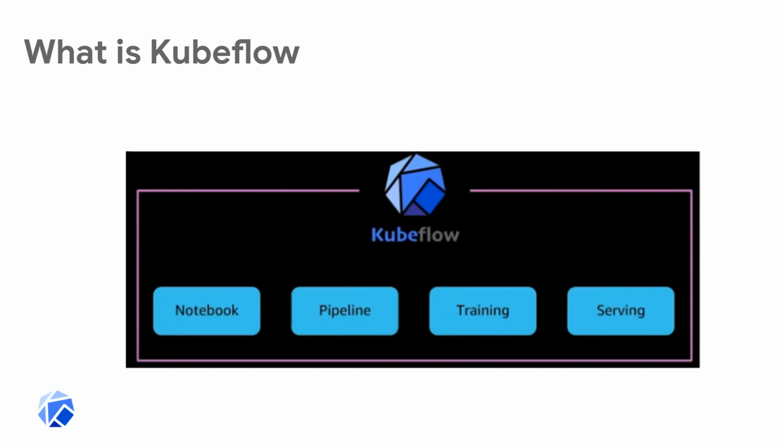Pipeline is what we're going to cover today in depth, which is pretty much the orchestration for the machine learning workflow. The training feature is pretty much a collection of operators like the TensorFlow and PyTorch operators, which is a way of using TensorFlow and PyTorch within your KubeFlow framework.